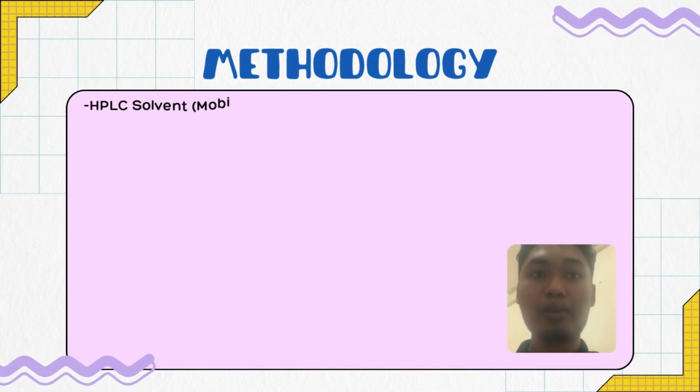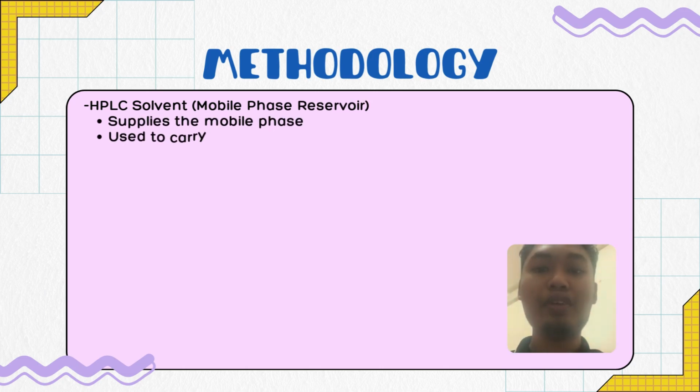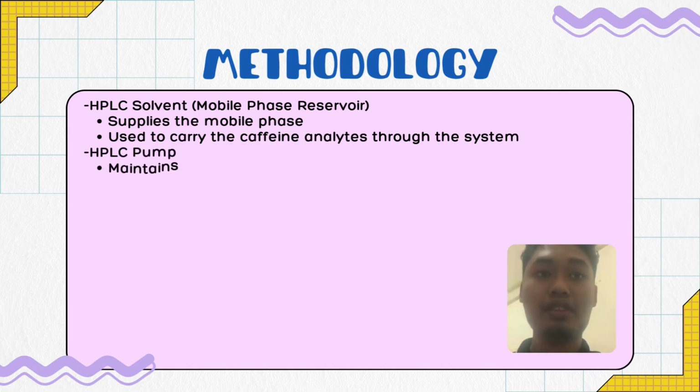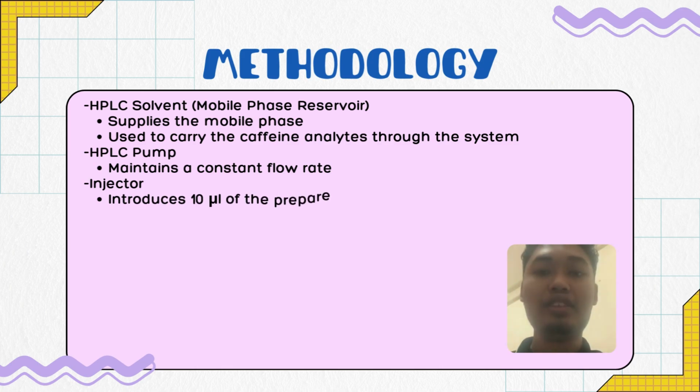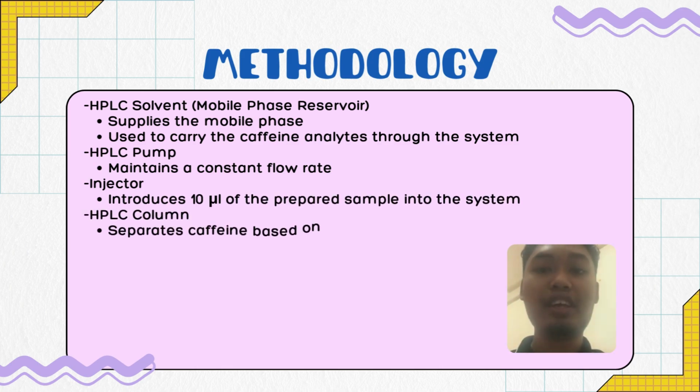Function of each component. The HPLC solvent, also called the mobile phase reservoir, supplies the mobile phase. The ratio of water and methanol, 60-40 in HPLC grade, is used to carry the caffeine analytes through the system.